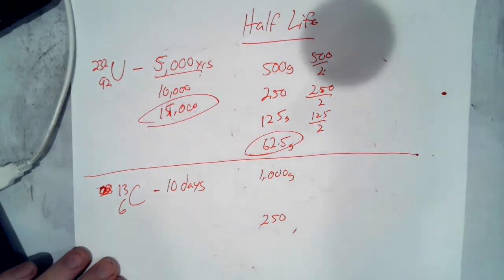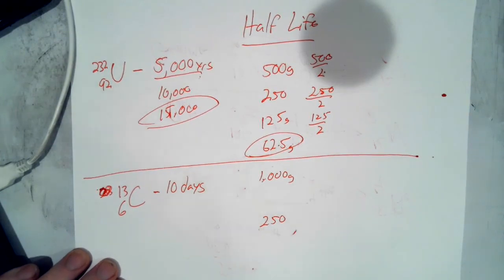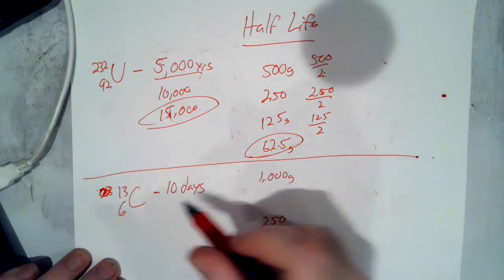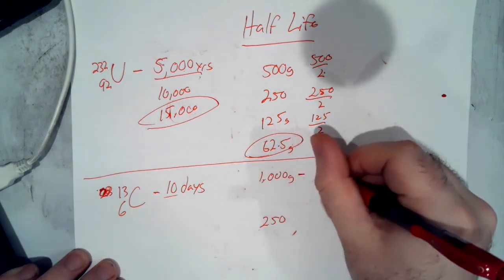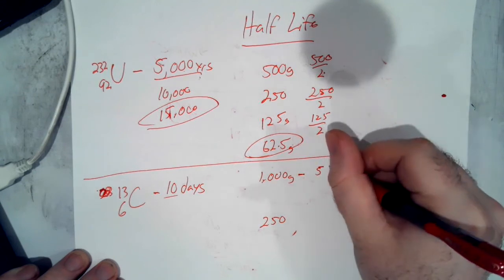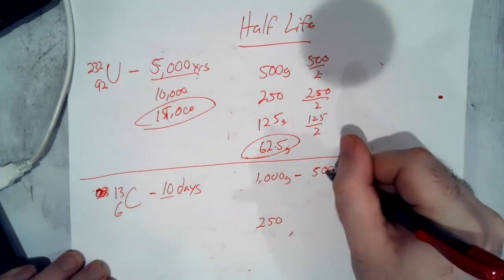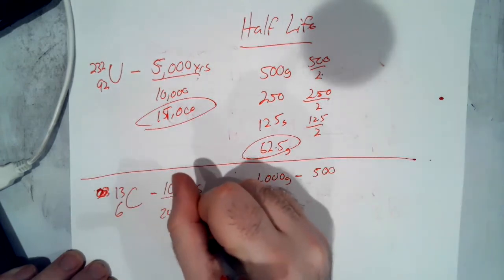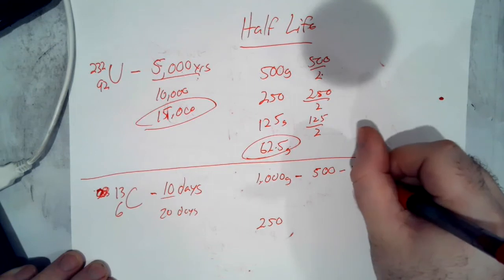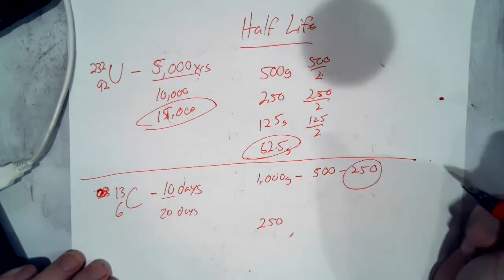You can pause the video and find out for yourself if you'd like. But here we go. So we had 10 days here. In 10 days, we're going to go down to 500 because 1,000 divided by 2 is 500. In 20 days, we're going to go down to 250, and that's our answer.